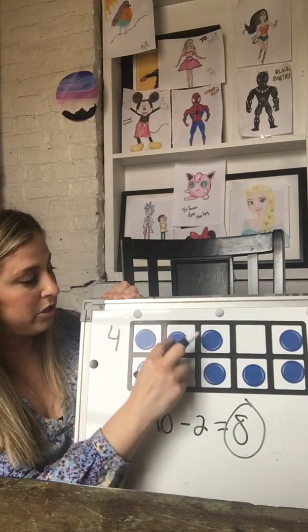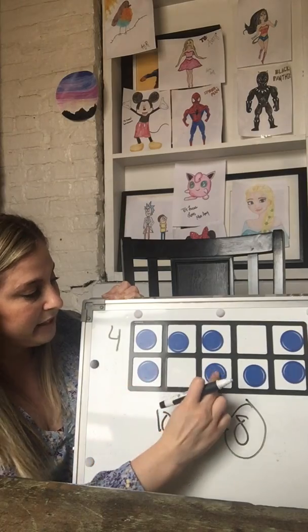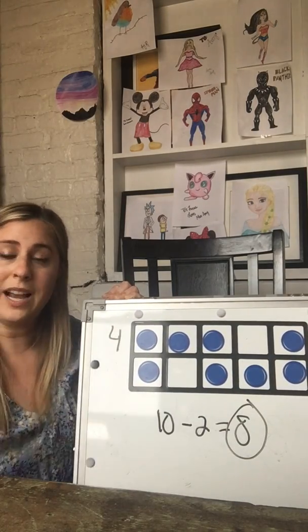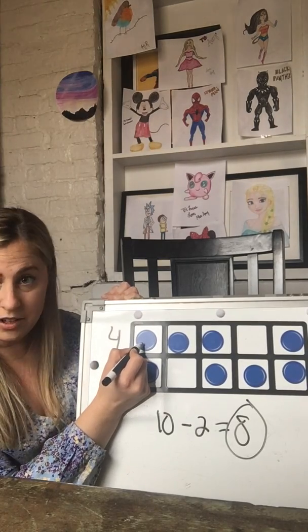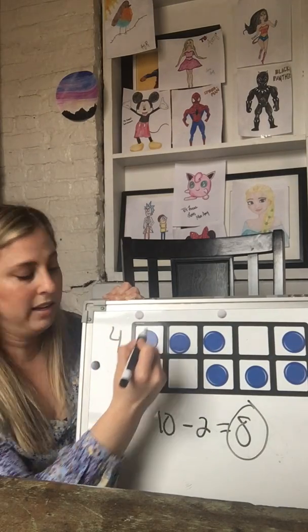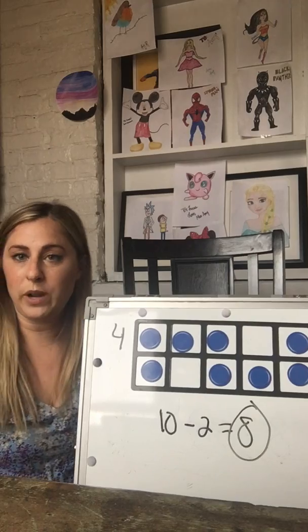Instead of going 1, 2, 3, 4, you say 4, 5, 6, 7, 8. So you're counting on from a larger number. So instead of starting from 1 here, you're saying, I know there's 4 here, and let me count on 5, 6, 7, 8. So there's so many different ways to get it.